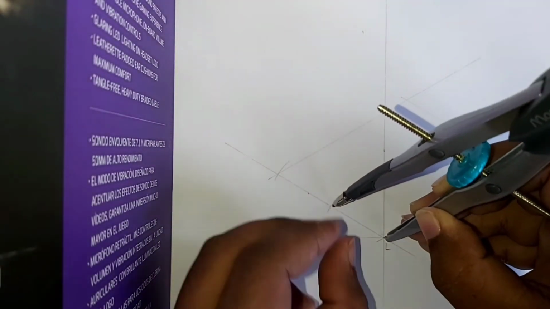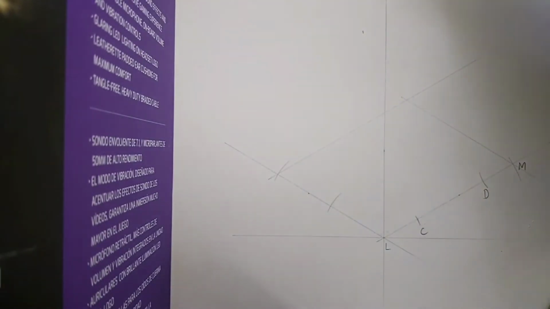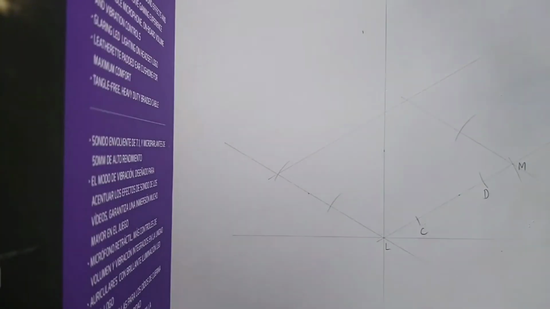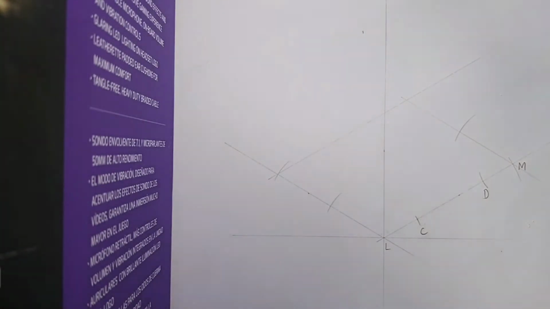So you can see me taking the midpoint measurement here again. And I'm going to transfer it to the other side there. And I'm also going to transfer C and D on the opposite side as well, right?